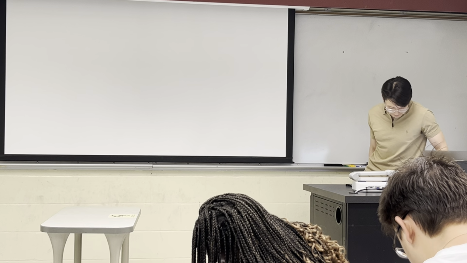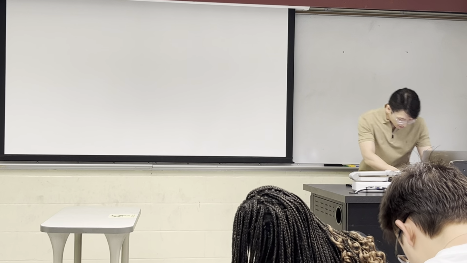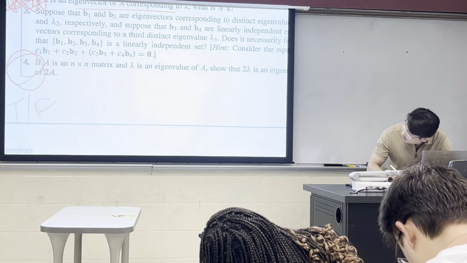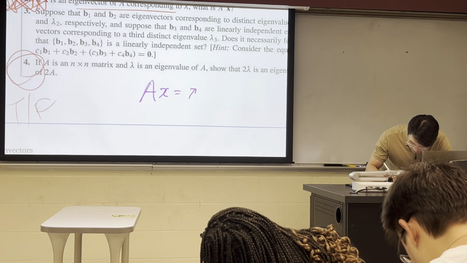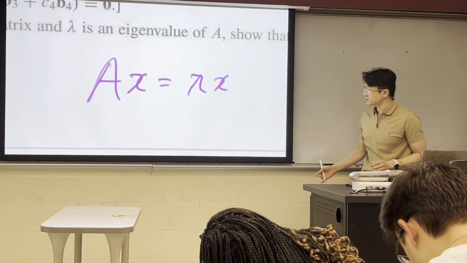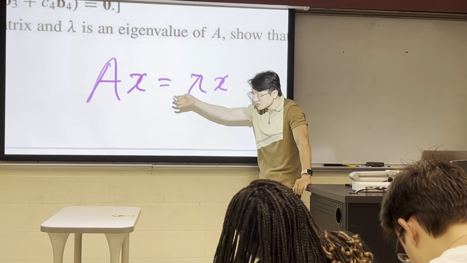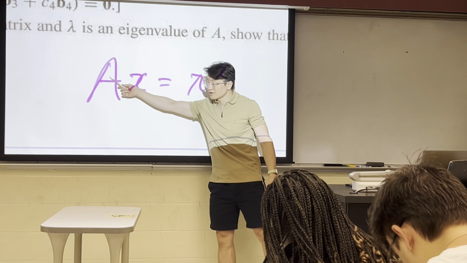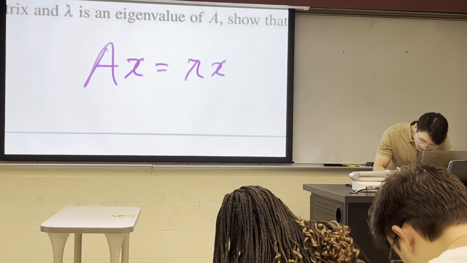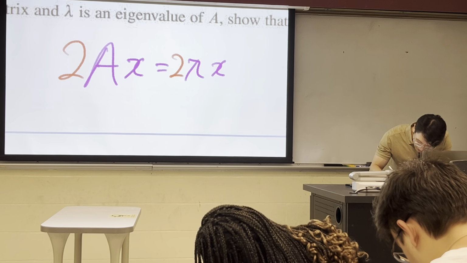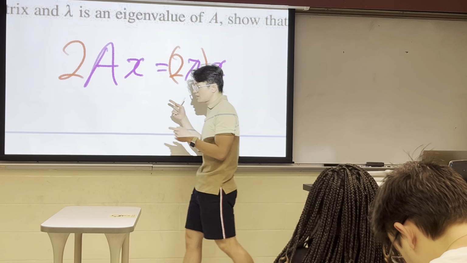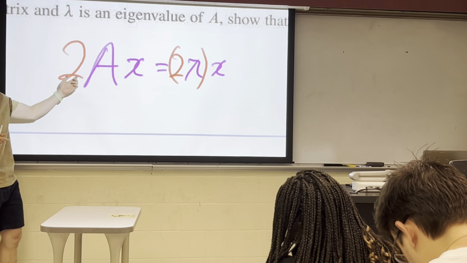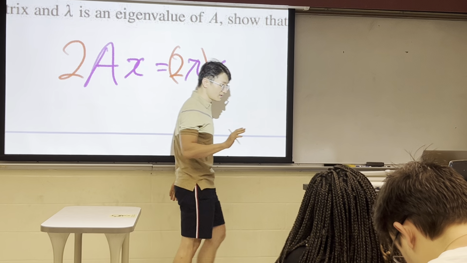The definition is Ax equals lambda x. If this is true, then lambda is an eigenvalue of matrix A. So if I have the matrix 2 times A, I can say 2 times lambda is also an eigenvalue of 2 times A. That's simple.